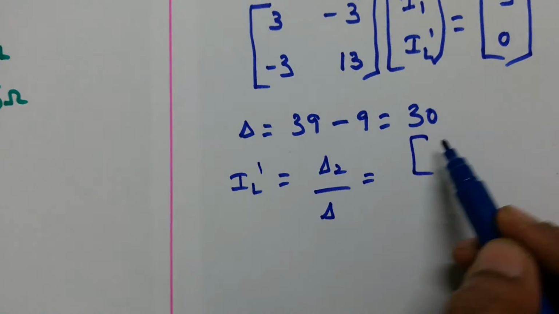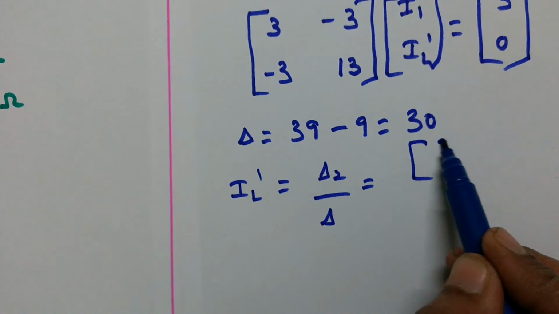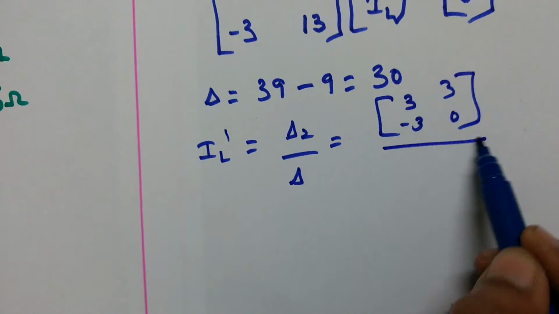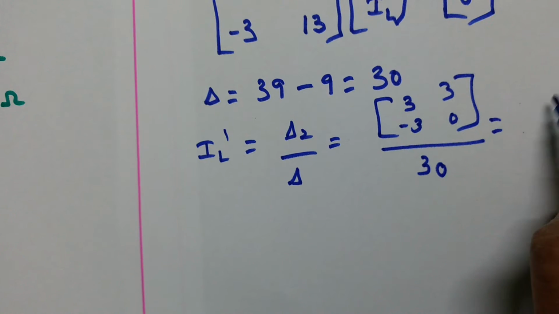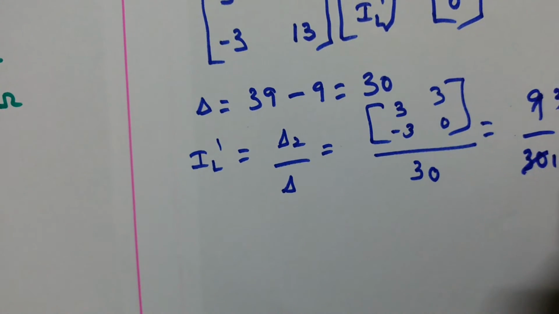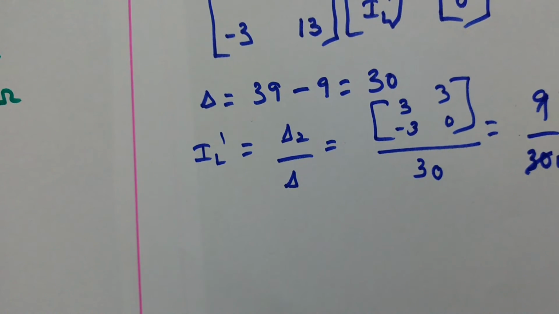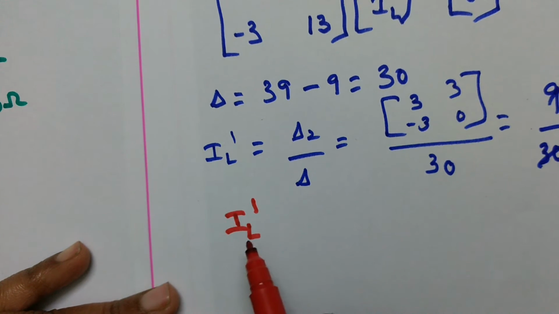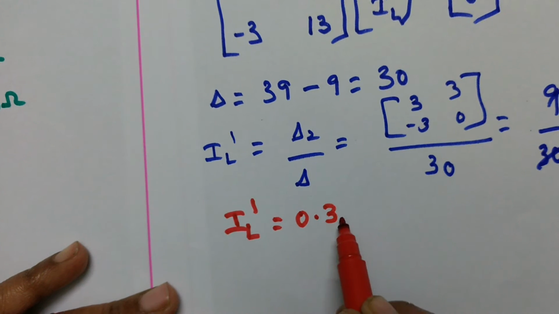Delta 2 is obtained by replacing the second column with the voltages, so 3 times 0 minus (minus 3) times 3, that is 9, divided by delta 30, equal to 9 by 30, that is equal to 0.3. So IL dash equals 0.3 amps. We found IL dash, the response due to 3 volt alone, is equal to 0.3 amps.